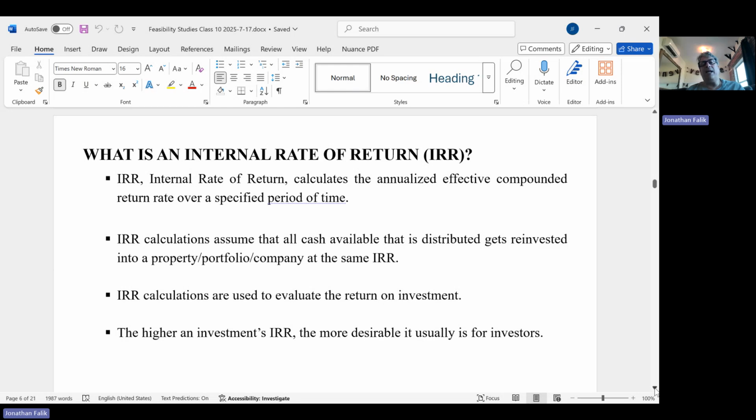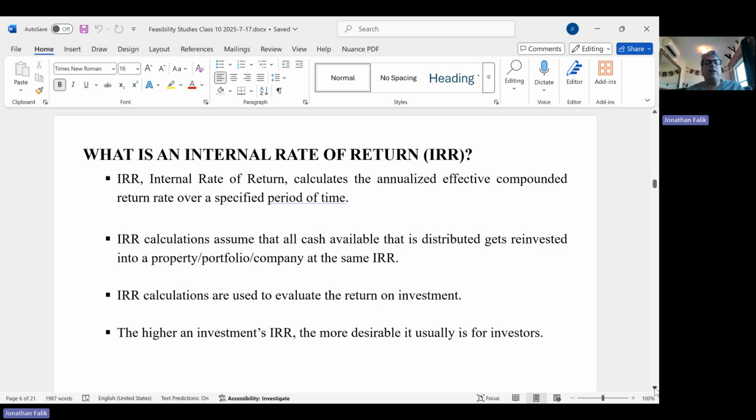So if the IRR was 15%, it's the same as if all of the investment that you made was earning an annualized and compounded 15% return, even though the return in year 1 of operations might be 2 or 3%, and then 5 or 6% the next year, and then 10 or 12% the next year, once you've stabilized. So there's a way of saying over the life of the investment, what is the return?